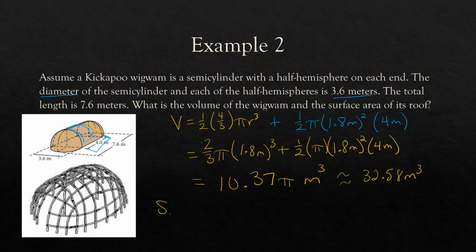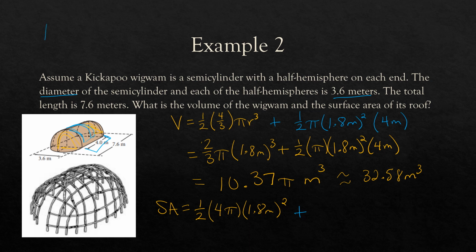Now let's look at the surface area. Again, we have the surface area of 2 half hemispheres, or 1 whole hemisphere. The surface area of the hemisphere would be half of 4 pi r squared. Our r is 1.8 meters. And then for the cylinder, that is just half of a rectangle.